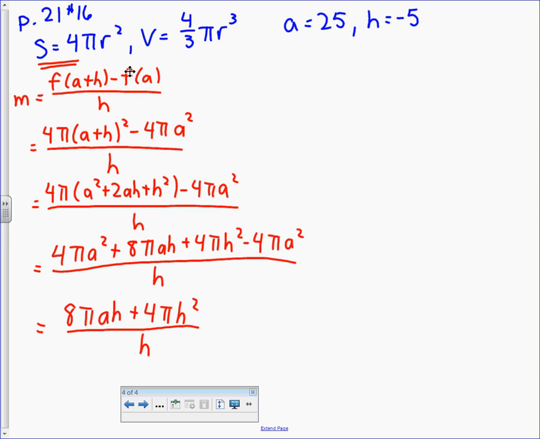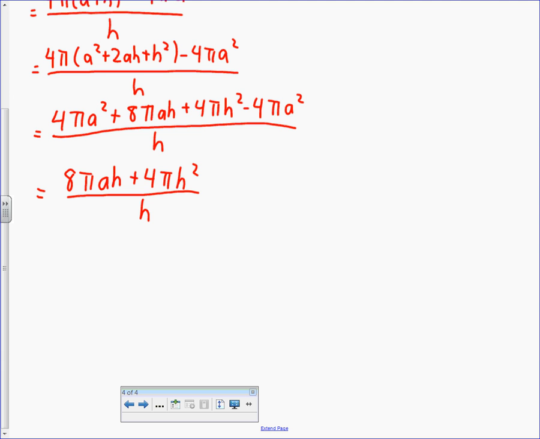So I'm going to simplify, and m is equal to 8 pi a plus 4 pi h. That's going to be your rate of change for the surface area.